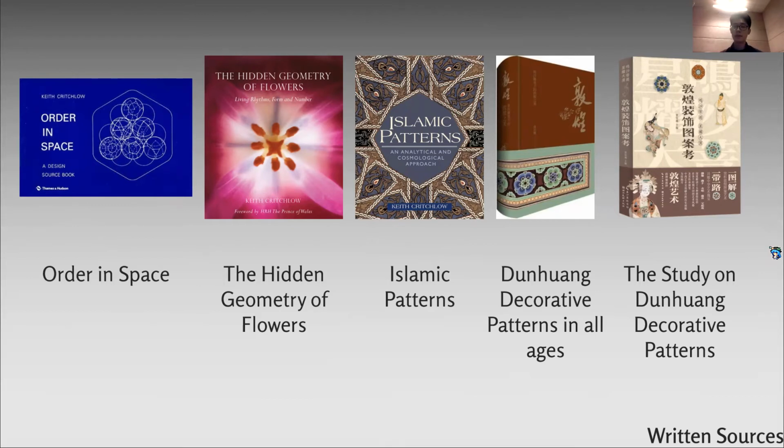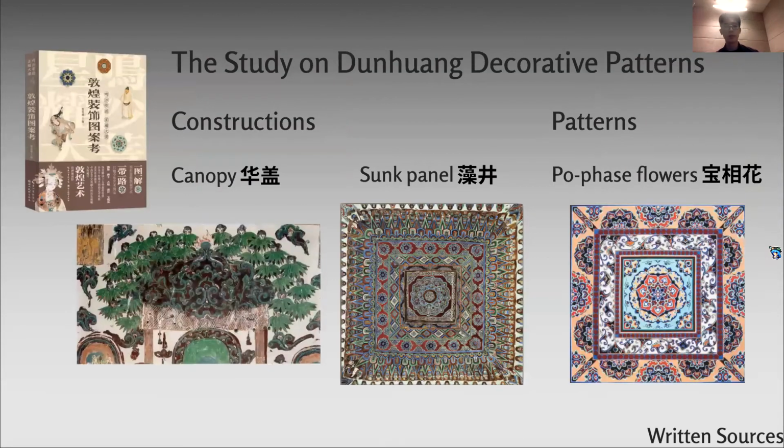The next books are very related to Dunhuang decorated patterns: The Dunhuang Decorated Patterns in Unknown Ages, and The Study on Dunhuang Decorated Patterns. The book that I researched most is The Study on Dunhuang Decorated Patterns. The book is mainly divided into two parts, talking about the constructions and the patterns of the sunk panel. For the constructions, the categories it mainly talks about are the canopy and the sunk panel.